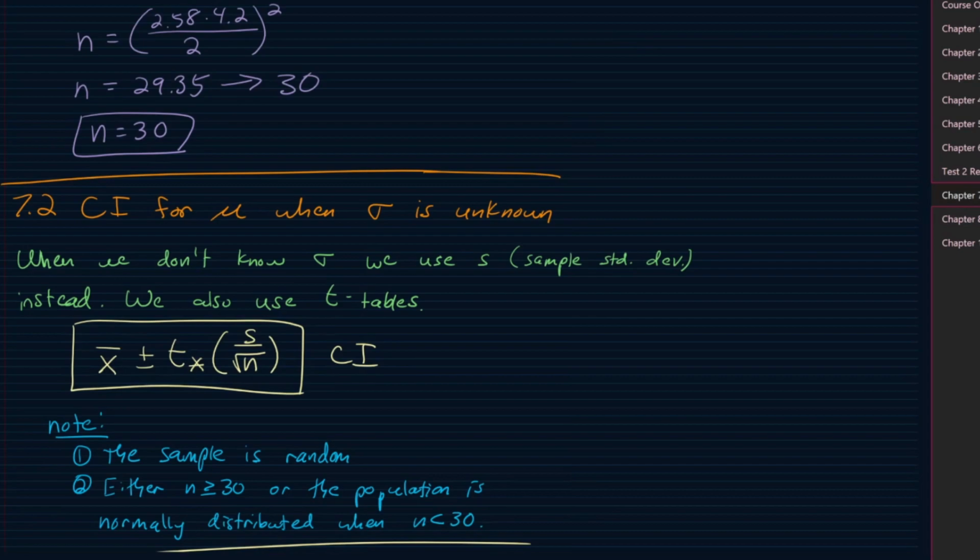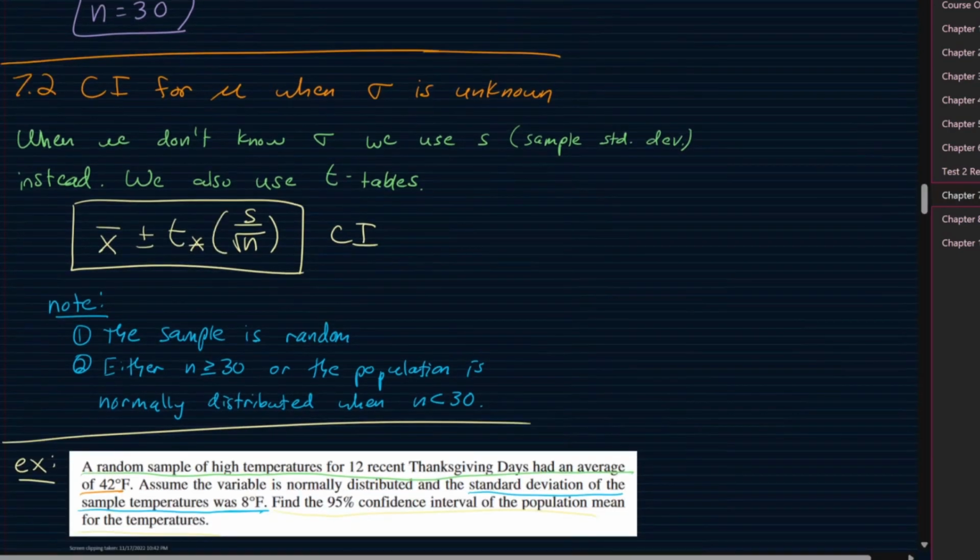We use the T tables for this one. We use T star instead of Z star, and sigma is replaced by S in the formula. So the formulas are identical. It's just instead of Z star, it's T star. Instead of sigma, it's S. And those same stipulations need to hold.